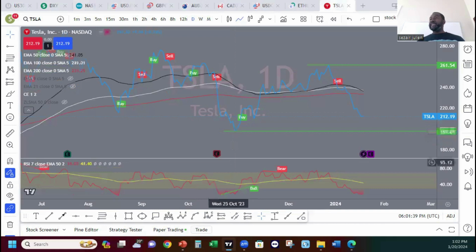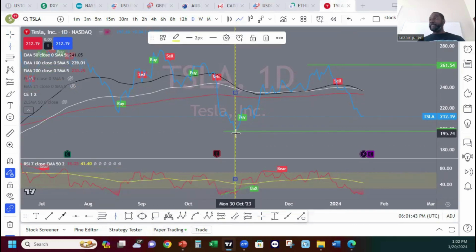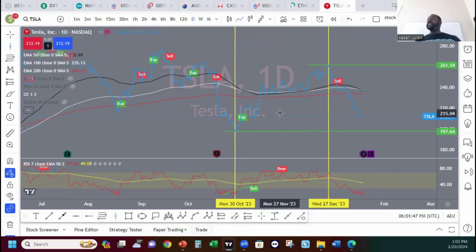So if we put a line here, this is what we're reading, and we put another line here. Okay, so let's read this. You can see this is October 30th, 2023. Tesla opened at $197.